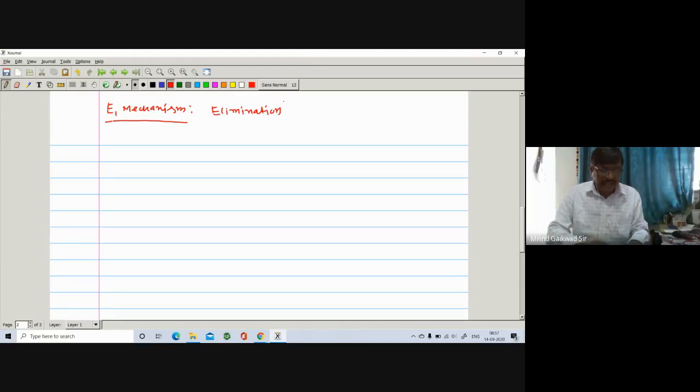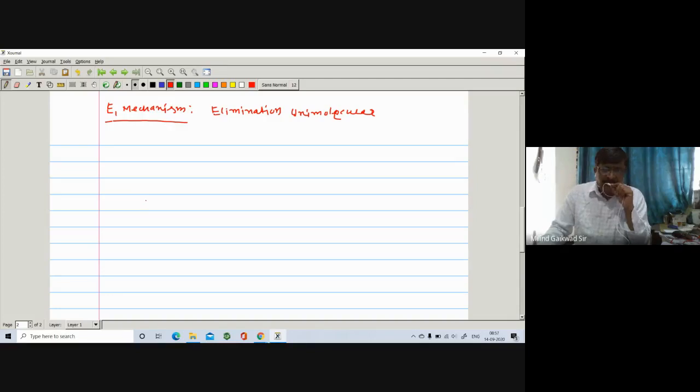So it is just like your SN1 mechanism. It is a unimolecular reaction.